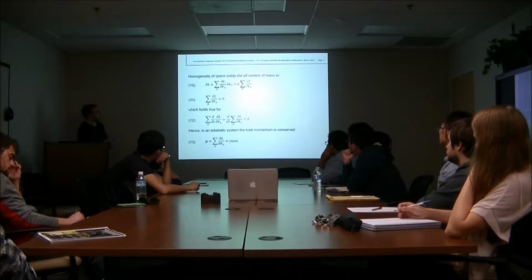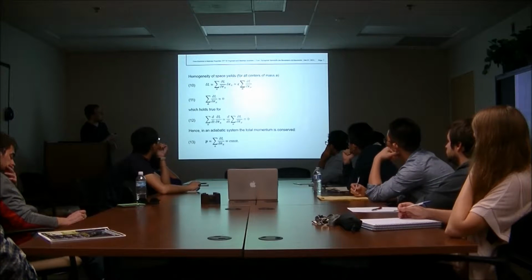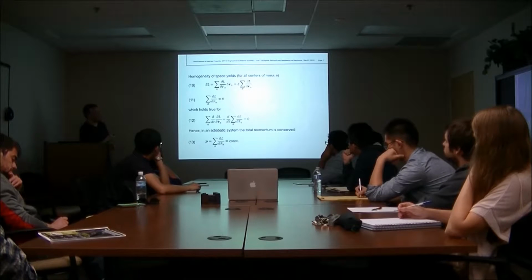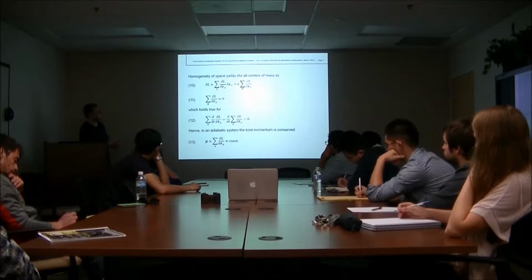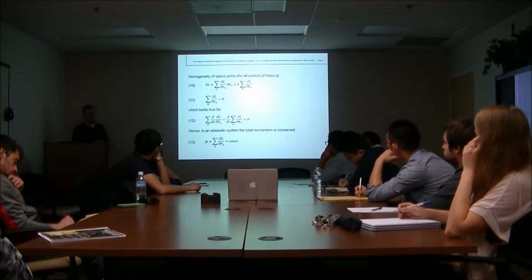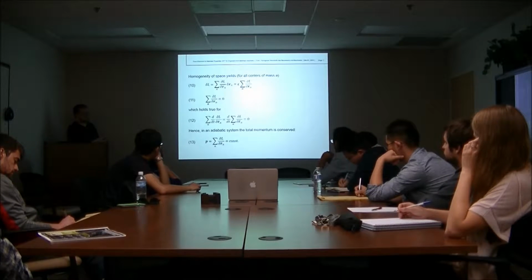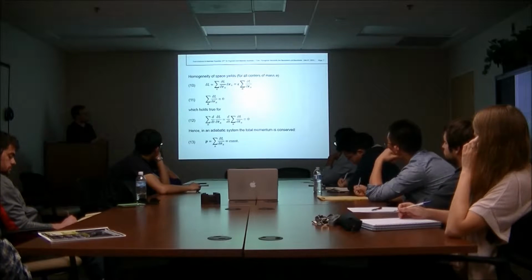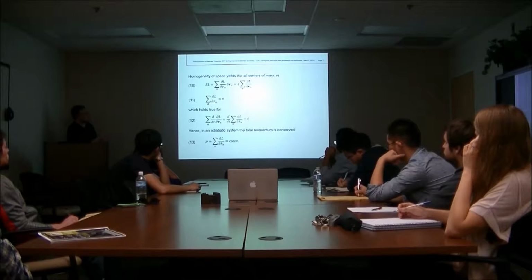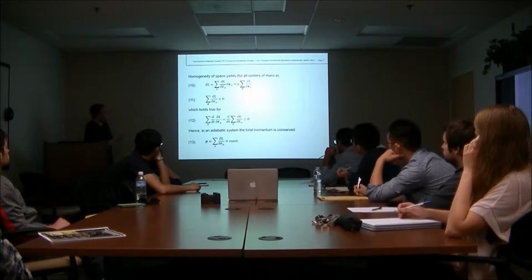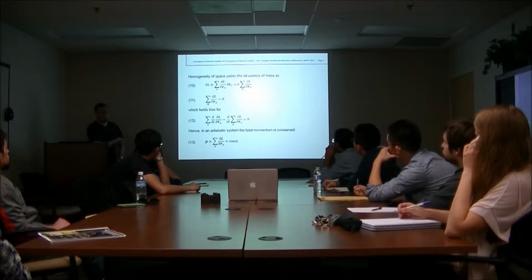Homogeneity of space is a little bit different. We vary our Lagrangian with respect to the Cartesian distance coordinates. This variation is infinitesimal, so we can write it as epsilon. We know this from mathematics.